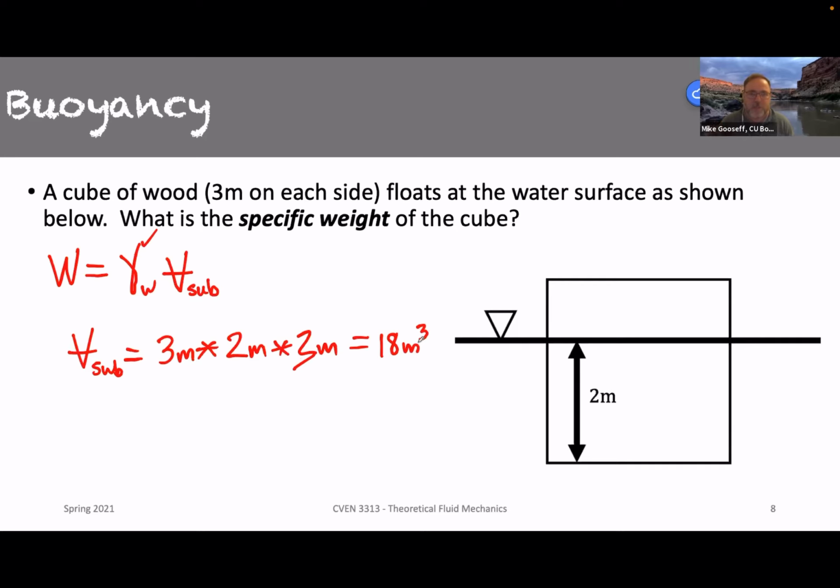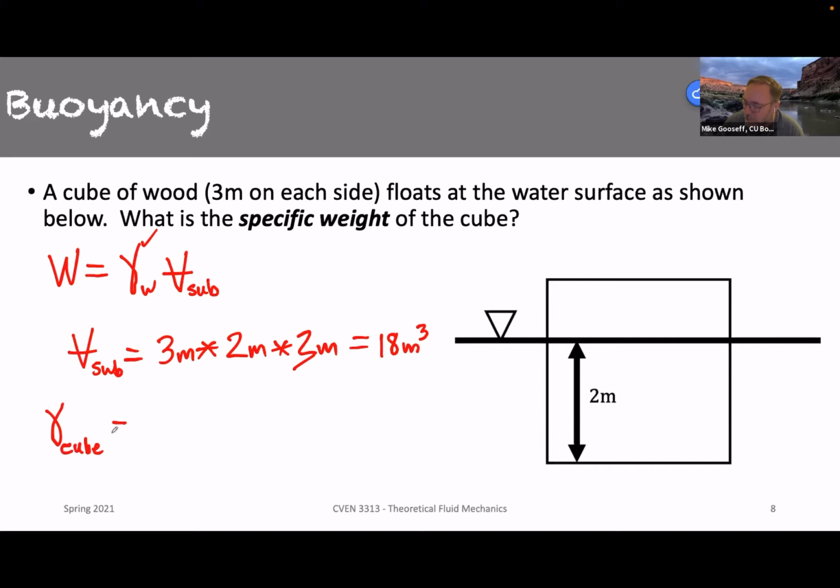Right. So when we do that, then we can basically figure out the weight. This is where I'll just stop without having to do the entire problem, just to save a little bit of time. But you can now plug that in to this. You can look up the specific weight of water and figure out the weight of the cube. Oh, sorry. I guess it was asking for the specific weight of the cube. So this is to figure out the specific weight of the cube.